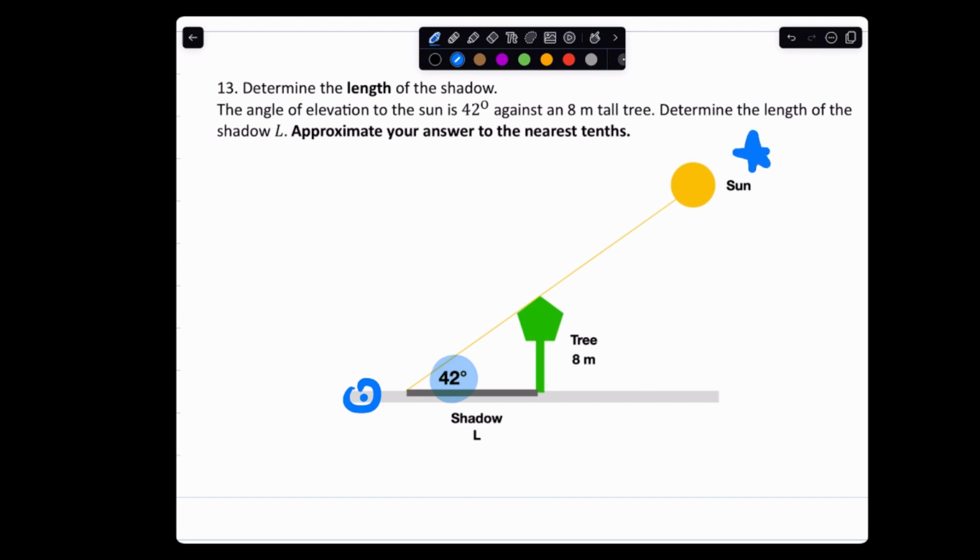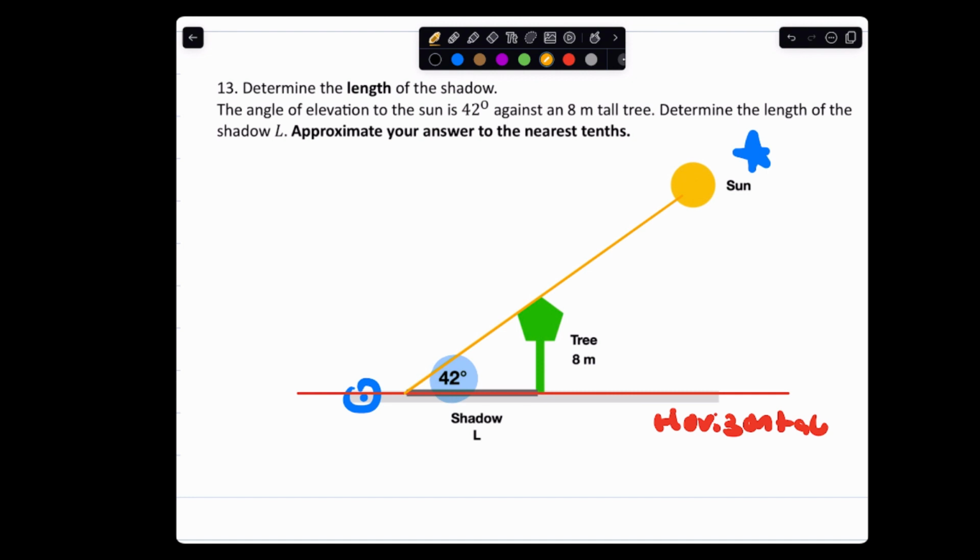The horizontal here is the ground. It is an angle of elevation. That's a sun ray. Do you guys see what I mean?